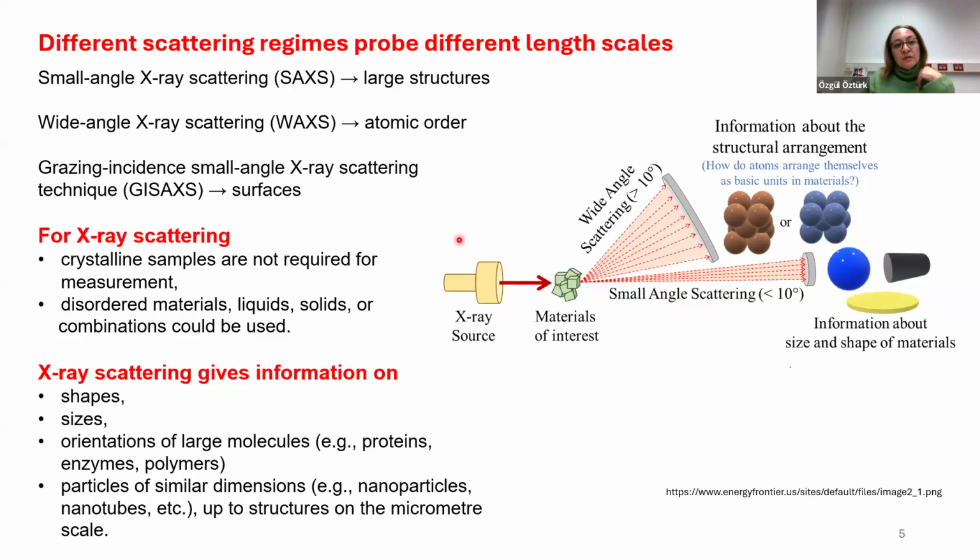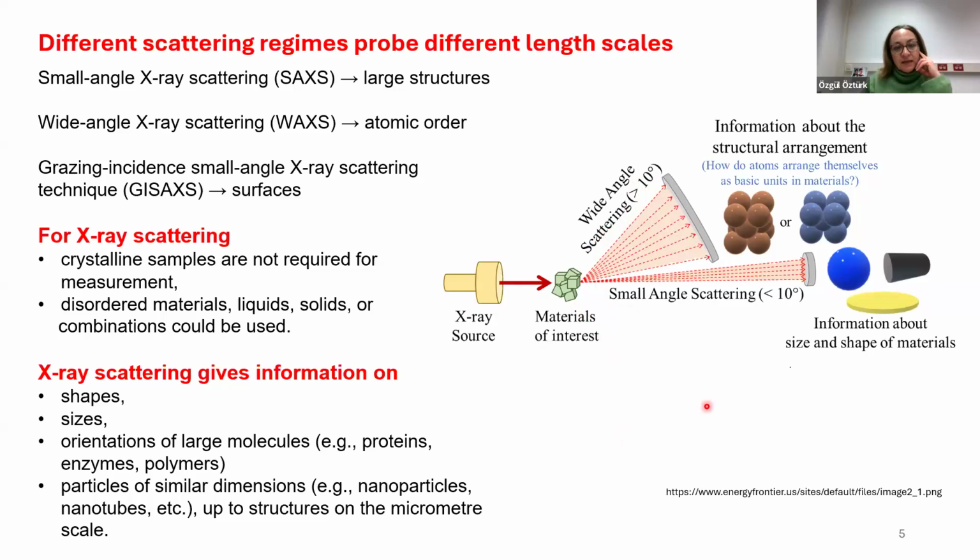Another type of scattering is WAXS. It is wide-angle scattering, where the angle is larger than 10 degrees. WAXS accesses much larger scattering angles, and this corresponds to much shorter real-space length scales. This makes WAXS sensitive to atomic arrangements, crystal structures, lattice spacings, and phase transitions.